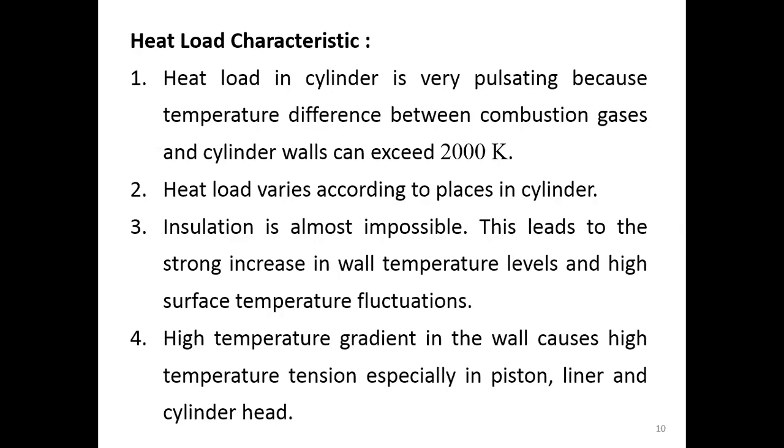When we talk about a high temperature gradient, it means the temperature difference between the inside of the wall and the outside of the wall. This is what we call the temperature gradient, and when we say it's high, it means this difference is high, between the inside surface and the outer surface.